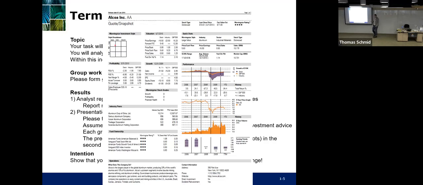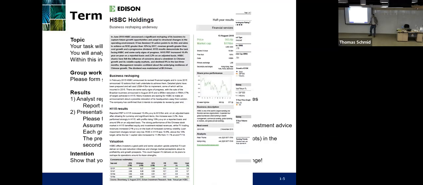This is just the first page. Typically these reports are 4 or 5 pages long. They have a lot of information about the company, like stock price development and descriptions of what the company does. But typically they also have a valuation part. I will talk about the parts that are typically included in such reports in a second.